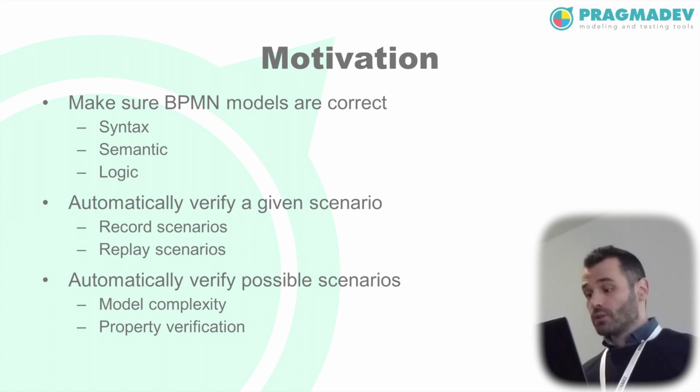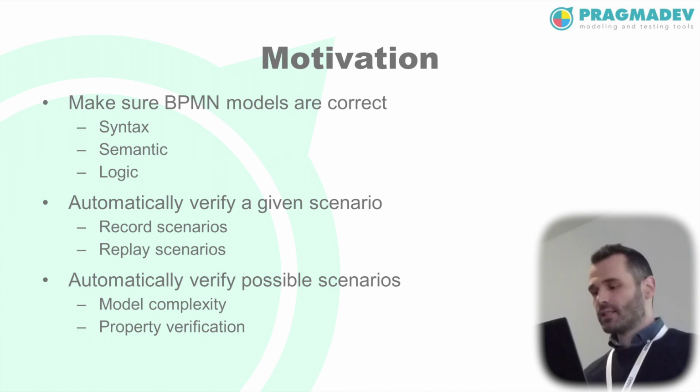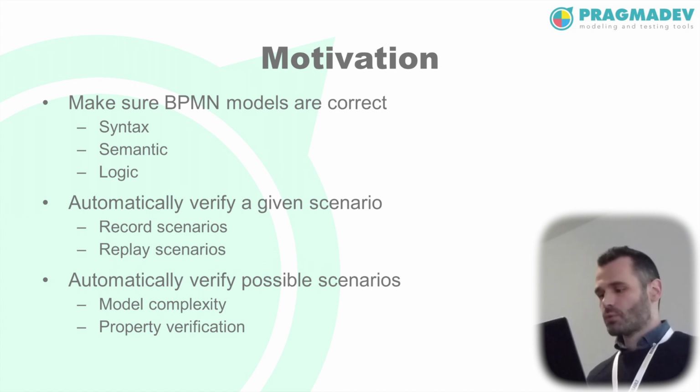The BPMN model correctness should be ensured at three levels: syntactic, semantic, and logic. From a syntactic point of view, the model should adhere strictly to the standardized BPMN notation. From the semantic point of view, the interpretation of the model should be captured formally and unambiguously.